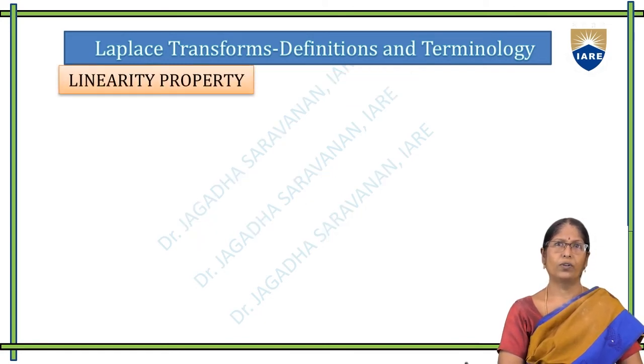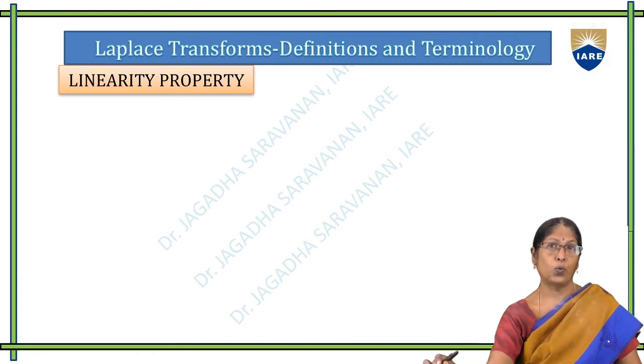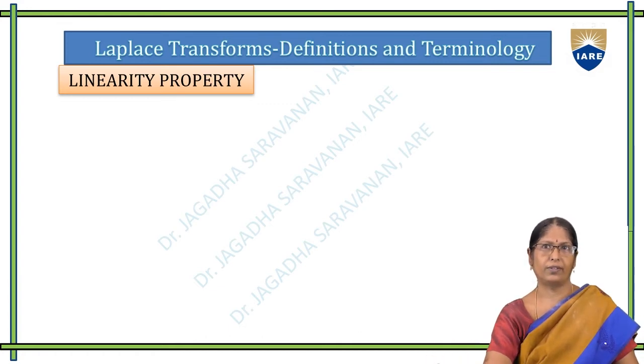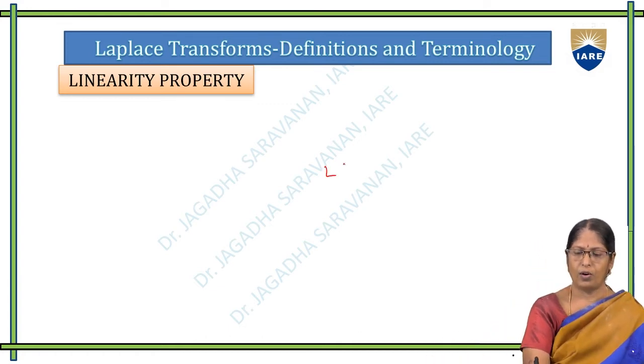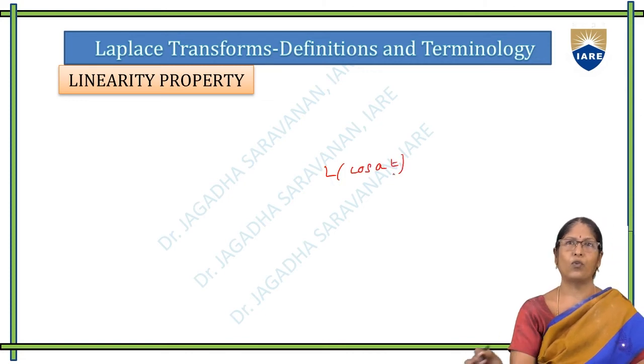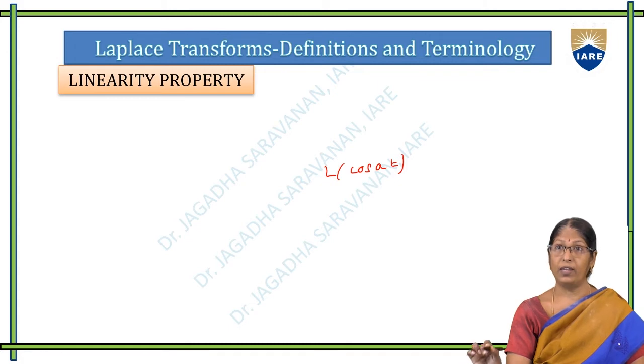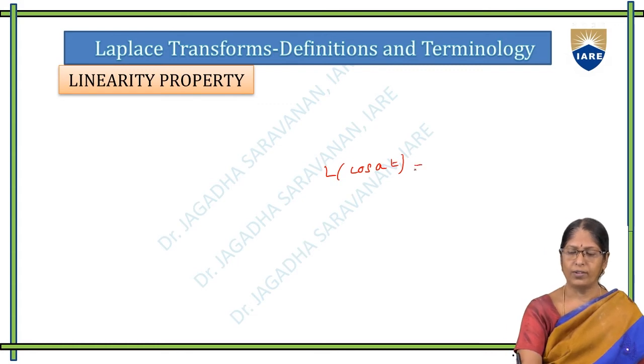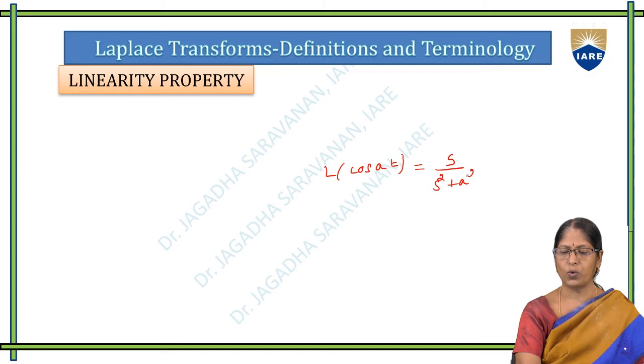So now, the formulas that we discussed. L of cos at, that formula we discussed. L of cos at, only one trigonometric term is there. The answer is s by s square plus a square.